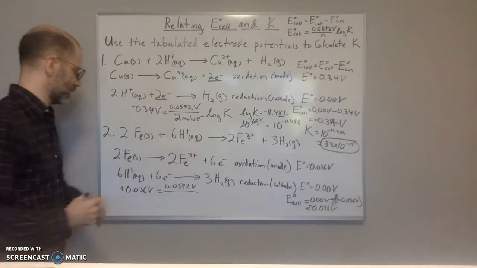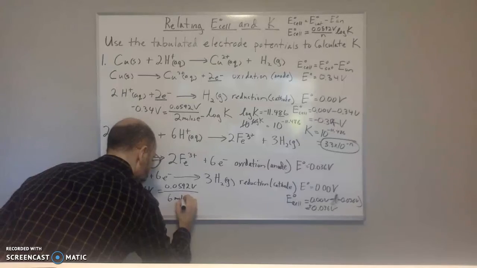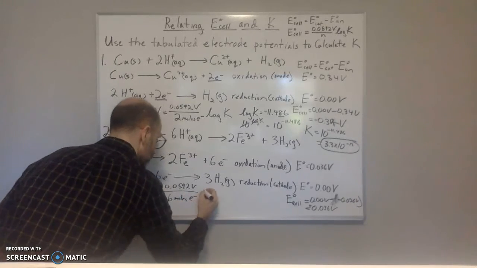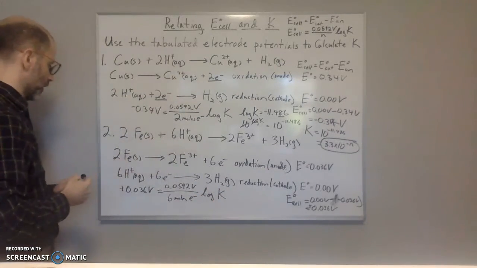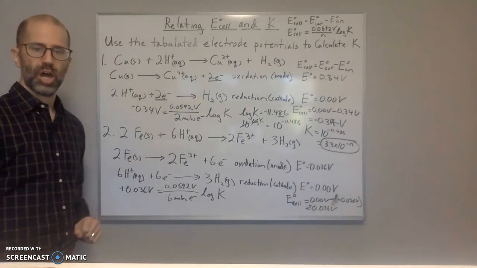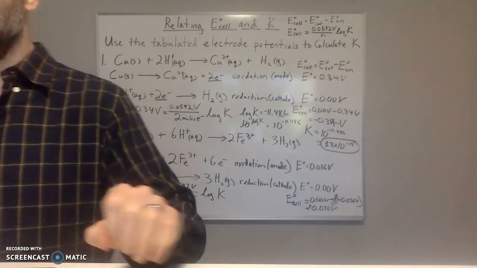Here we're doing 6, so we got 6 moles of electrons multiplied by the log of K. And again, we solve K the same way as we did before. So we're going to use our calculator.